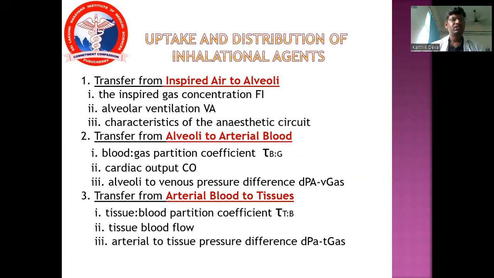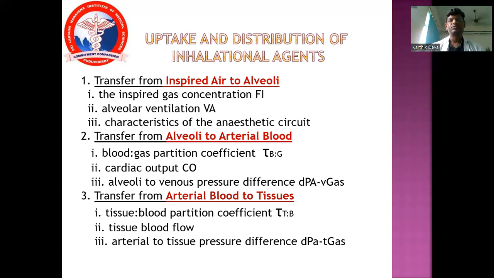Uptake and distribution of inhalational agents. Transfer from inspired air to the alveoli, from alveoli to arterial blood, from arterial blood to tissues. The factors which affect the transfer from inspired air to the alveoli are inspired gas concentration, alveolar ventilation, and the characteristics of anesthetic circuits.